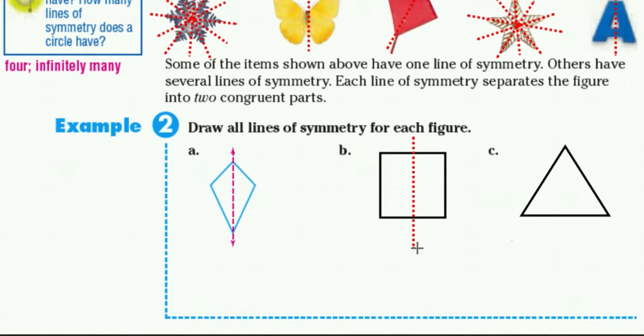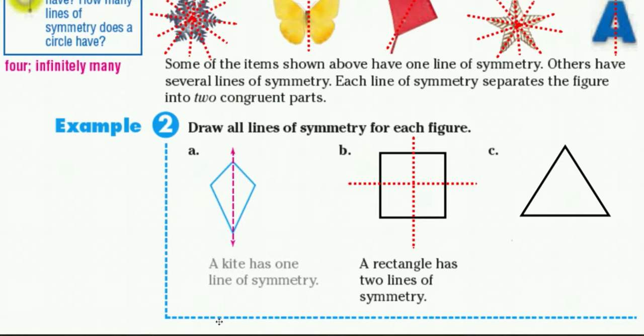Make it center. There you go. That's one line of symmetry. And there's another line of symmetry. If this is a rectangle, there will only be 2 lines of symmetry. In the book, it is represented as a rectangle. So we name this a rectangle, 2 lines of symmetry. And a kite has 1 line of symmetry.